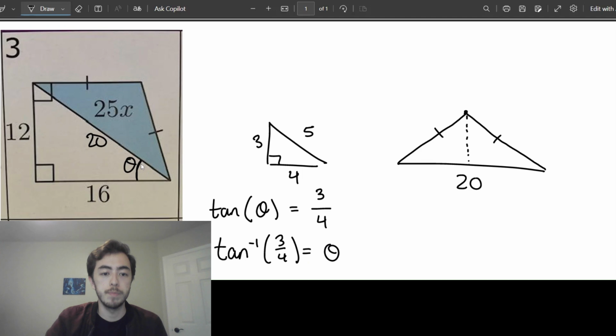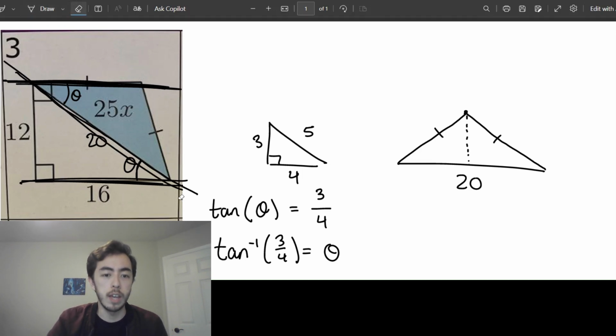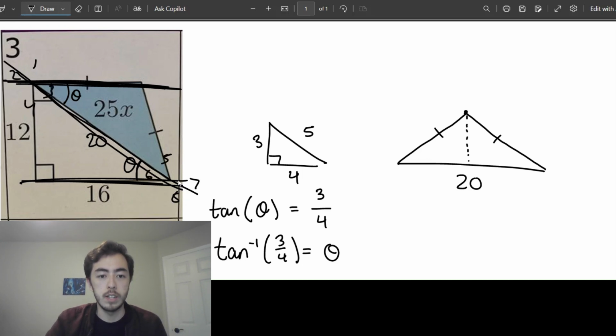The reason why I'm using this angle is because we have a parallel lines and transversal situation where I know that the alternate interior angle, this one, should be equal to the same one down here. That's why I'm using the same variable, theta, for both. Whenever you have parallel lines and a transversal, you're basically going to create 8 angles. There's 1, 2, 3, 4, and then 5, 6, 7, 8.